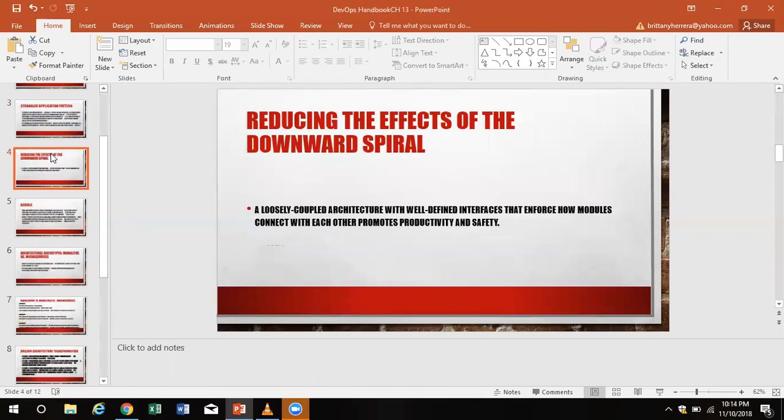To reduce the effects of the downward spiral, we move to a loosely coupled architecture with well-defined interfaces that enforce how modules connect with each other and promote productivity and safety. So we allow some freedom, but we keep things local, and we keep testing locally, which can prevent more errors globally.